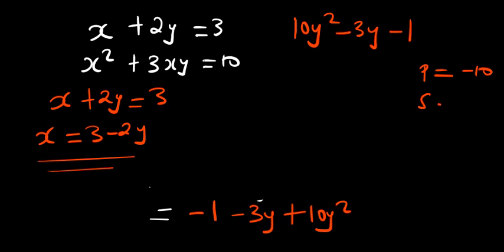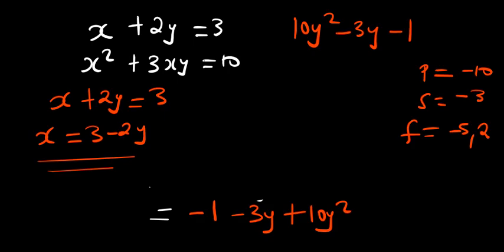The sum, it is negative 3. Factors. Two numbers, when we multiply them, they'll give us negative 10, but those two numbers, when we add them, they'll give us negative 3. So negative 5 and let's say 2. Can it achieve that? Yes.